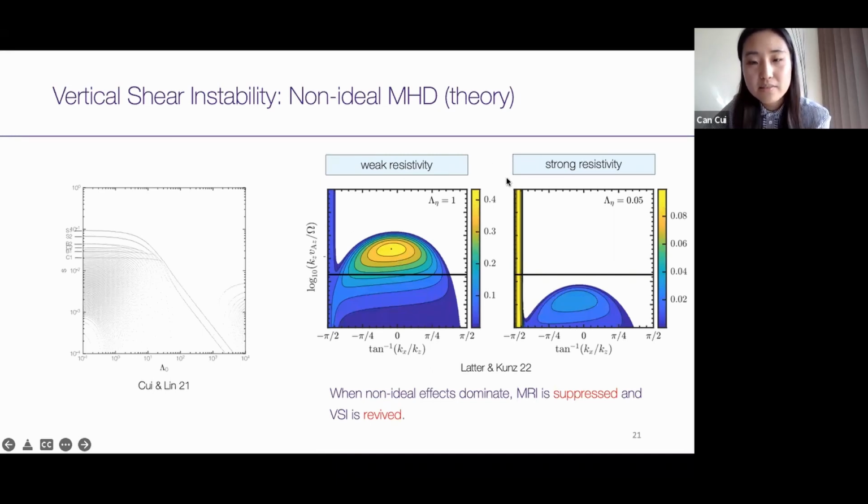When the resistivity is weak, the VSI is weak and the MRI is strong. But when we gradually add more resistivity to the disk, the MRI is suppressed, and we see the VSI is revived. This is a good thing, because it means the VSI is quite robust in non-ideal MHD-dominated disks.